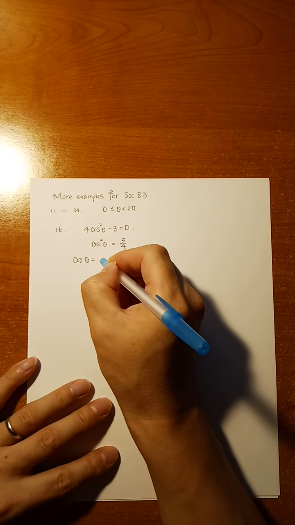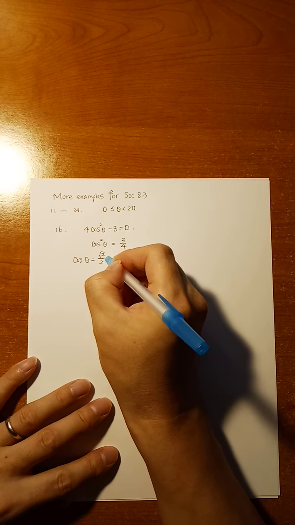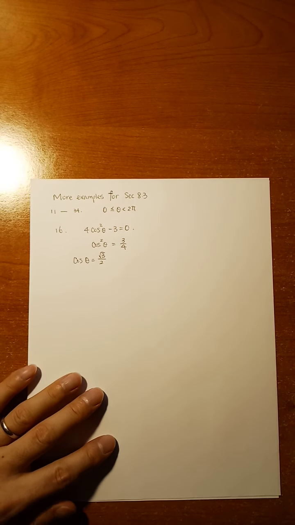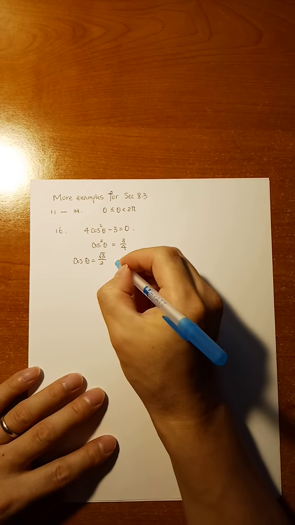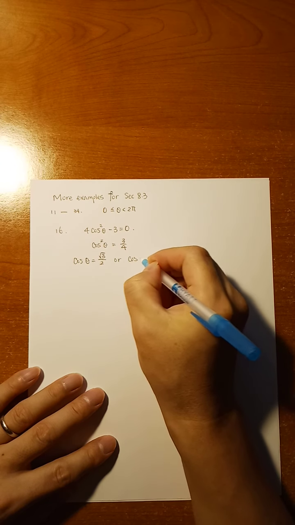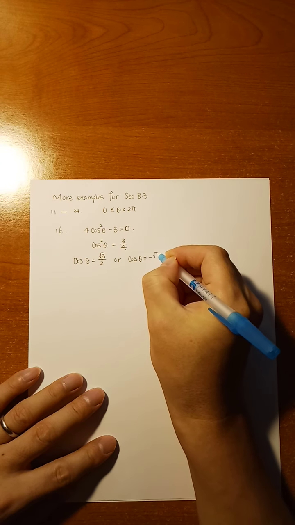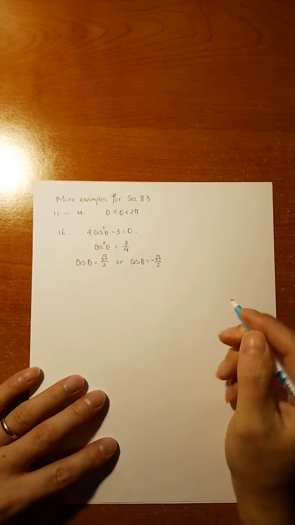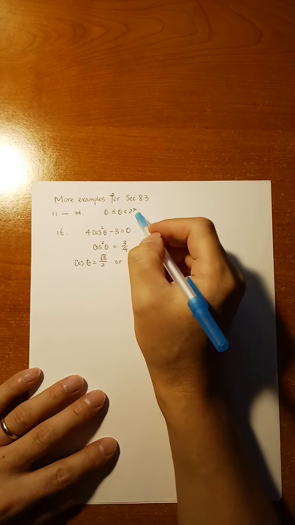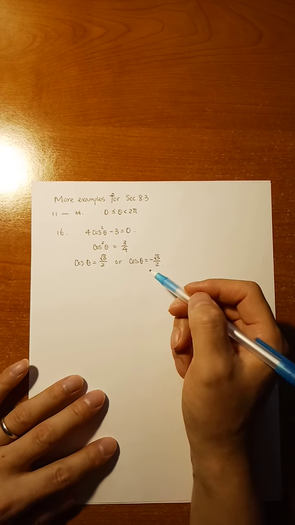Cosine theta is the square root of 3 over 2, or cosine theta is negative square root of 3 over 2. It can be positive and negative.